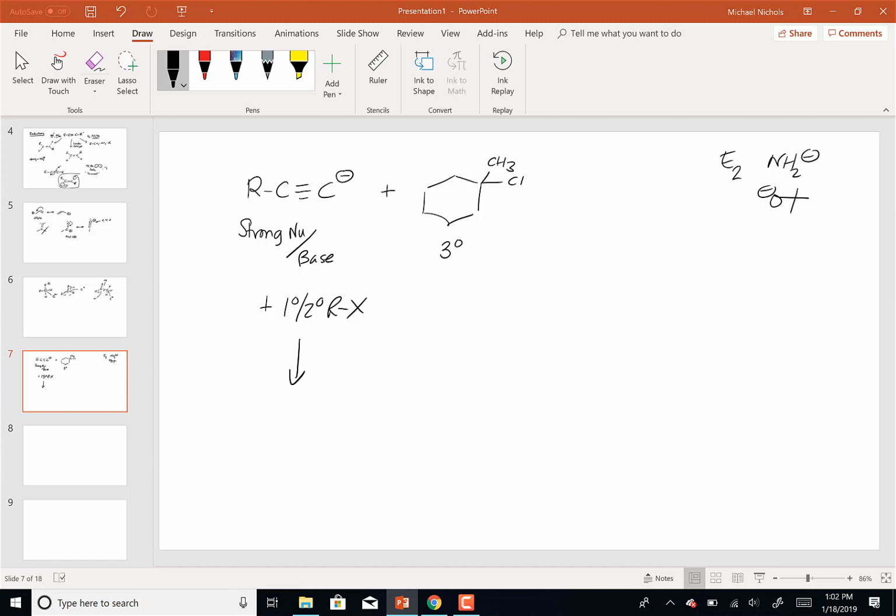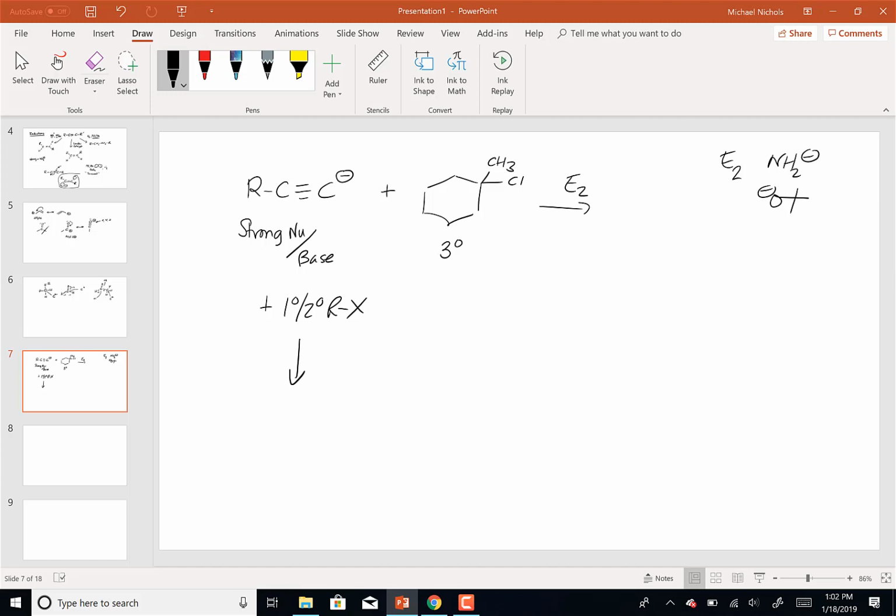It's either going to substitute or it's going to do elimination. So when we react one of these strong nucleophiles and bases, we're going to say that is definitely an E2 mechanism. So it's not going to be SN1, E1, it's going to be E2. But this is the first of the base nucleophiles that we've had.